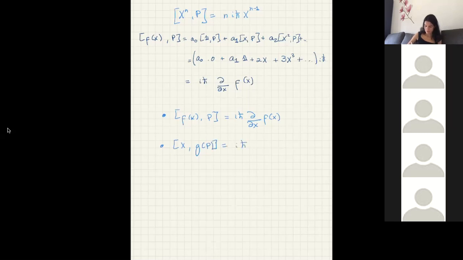Then you get the derivative with respect to p, not of f, but of g of p. Okay. Good. So this is an ingredient that we will need. These are two ingredients that we will need later on.